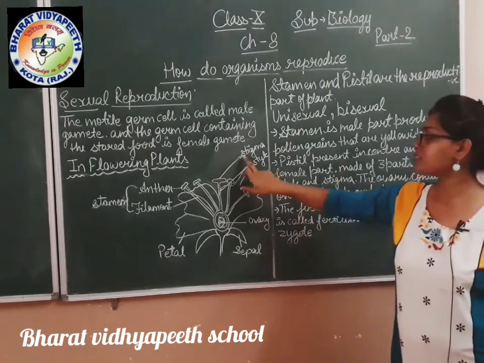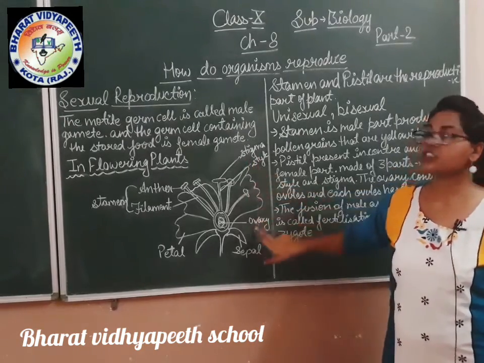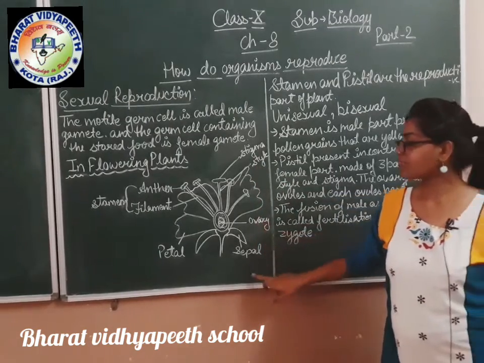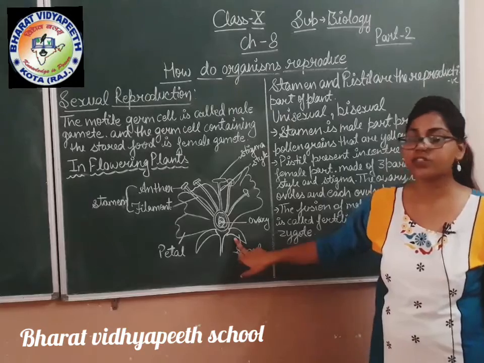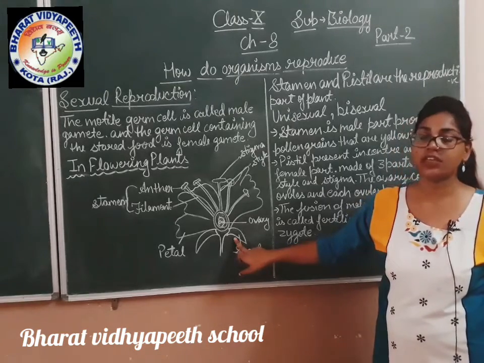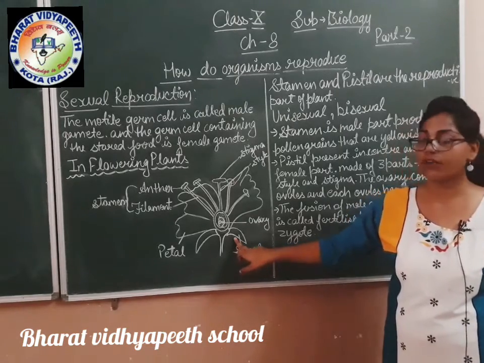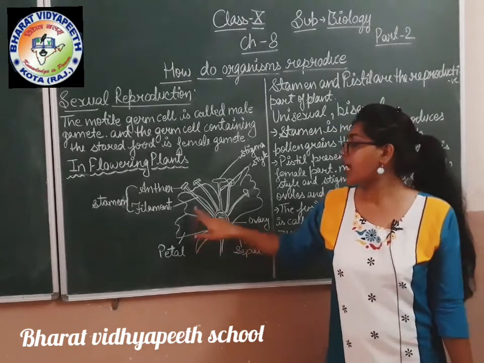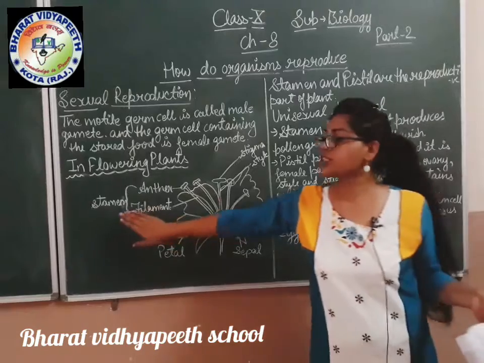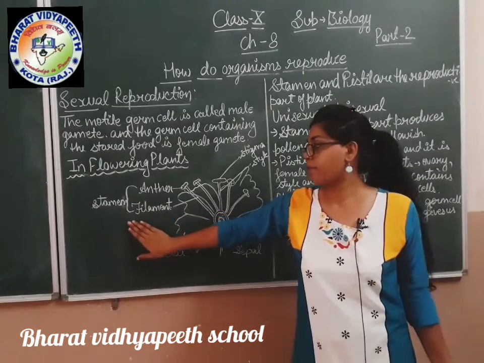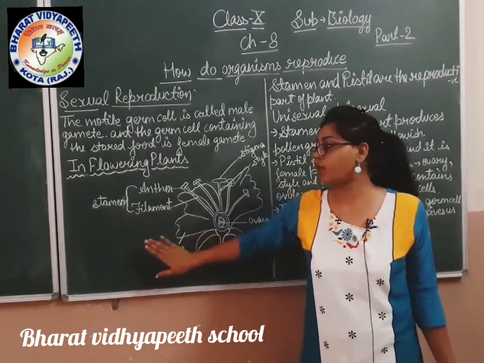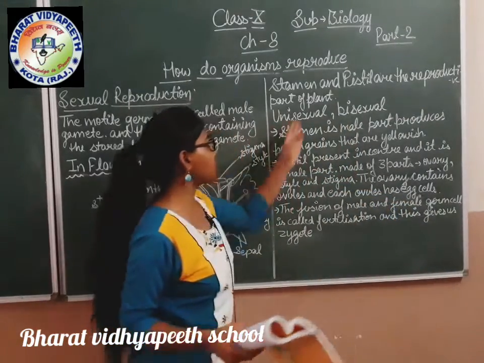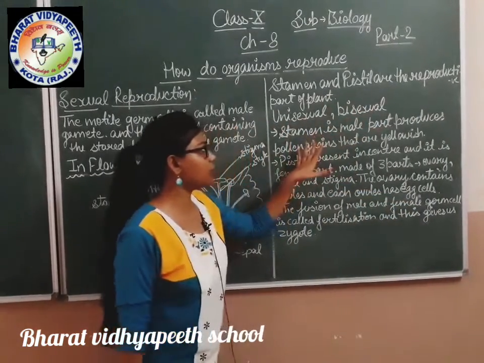Other than that, the green leafy structure is called the sepals of the flower, and these are the petals of the flower. The anther and filament form the male part of the flower, that is the stamen. The stamen and pistil are the reproductive parts of the flower.